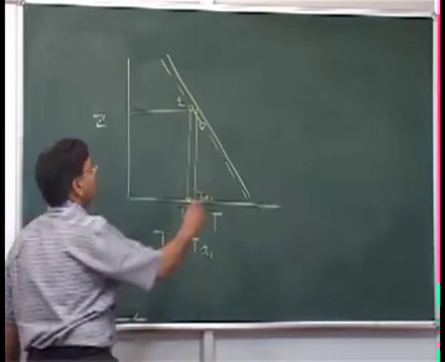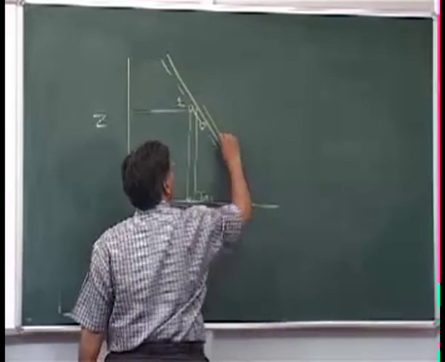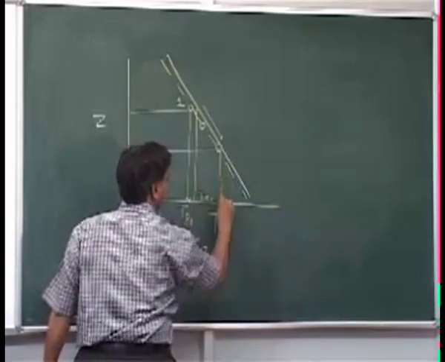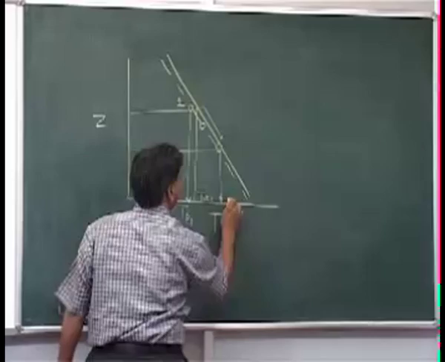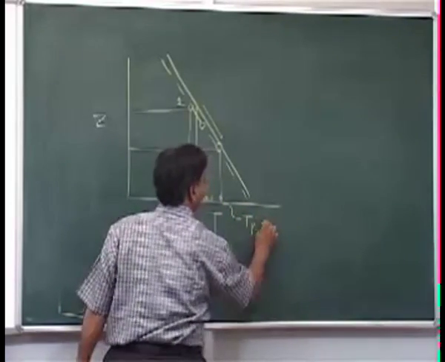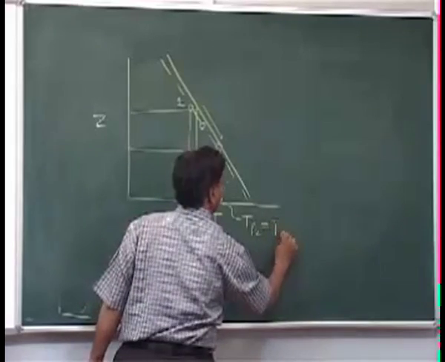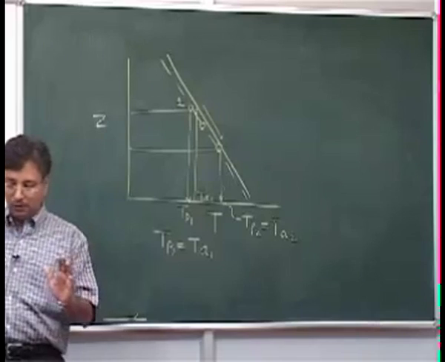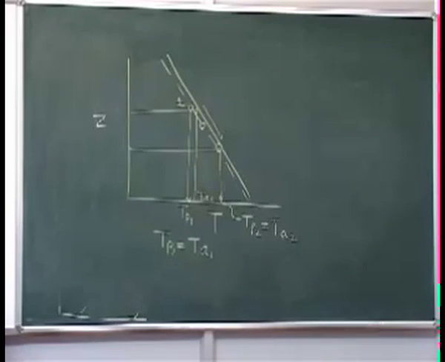Similarly, if I push it down to situation number 2 here, you will agree with me that even for situation 2, TP2 is equal to TA2. So what it is saying is, if you push the pollutant under neutral conditions, it will get pushed, acquire a new position and stop there.